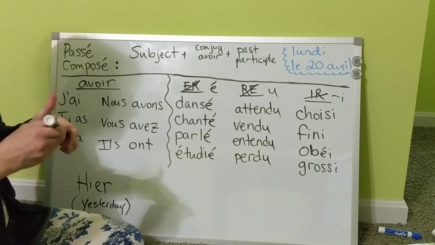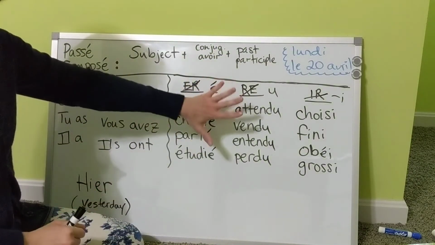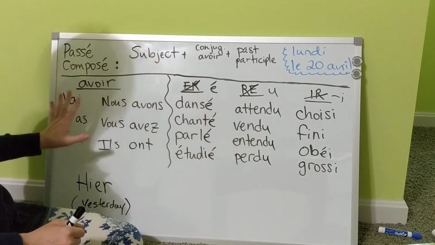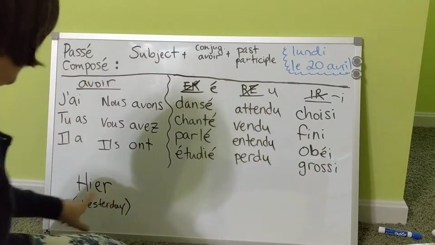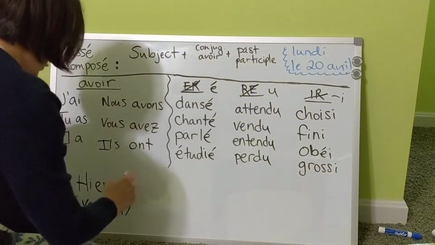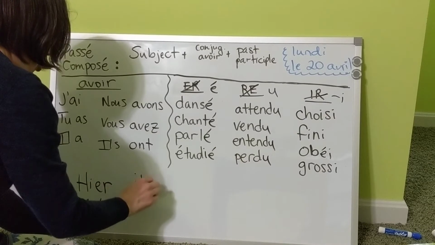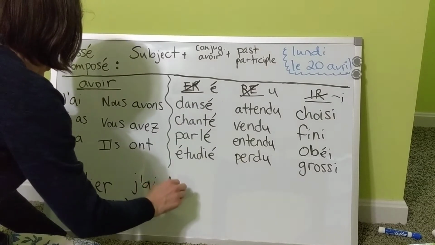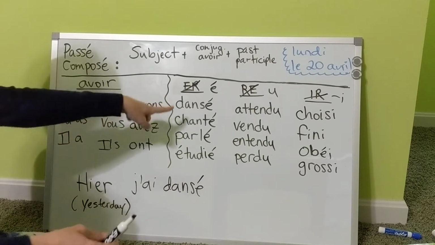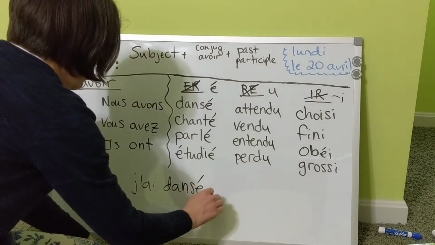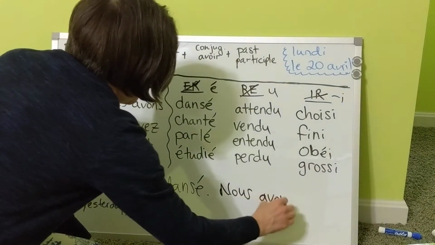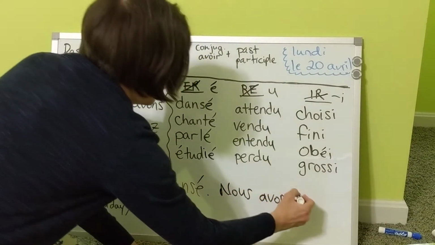The best part about the past participles is that this is the only spelling, okay? There's not a different spelling for each subject. So for example, if you wanted to say, yesterday I danced, it would be hier, j'ai dansé. If you wanted to say, yesterday we sang, hier nous avons chanté.